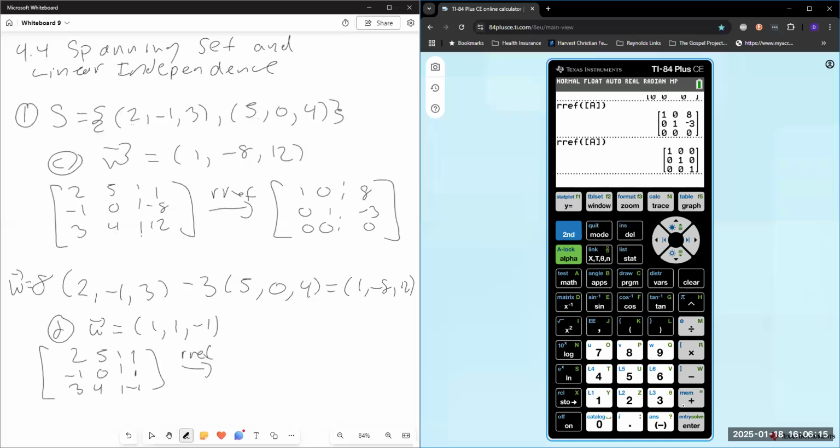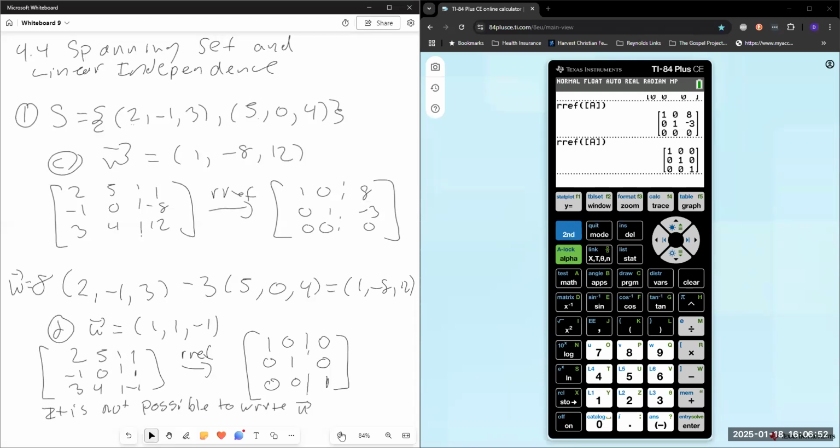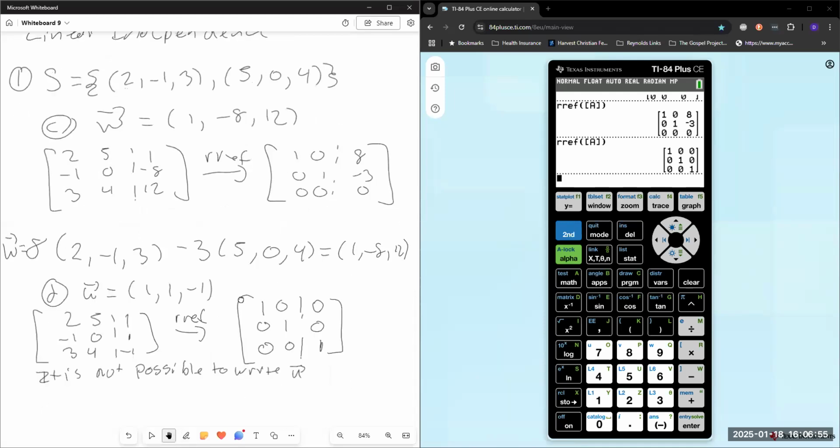That's our first one where we have a problem. So we get 1, 0, 0, 0, 1, 0, 0, 0, 1. So this tells me it's not possible, right? If I get a false equation like this, 0 equals 1, it is not possible to write u as a linear combination of the vectors in S.